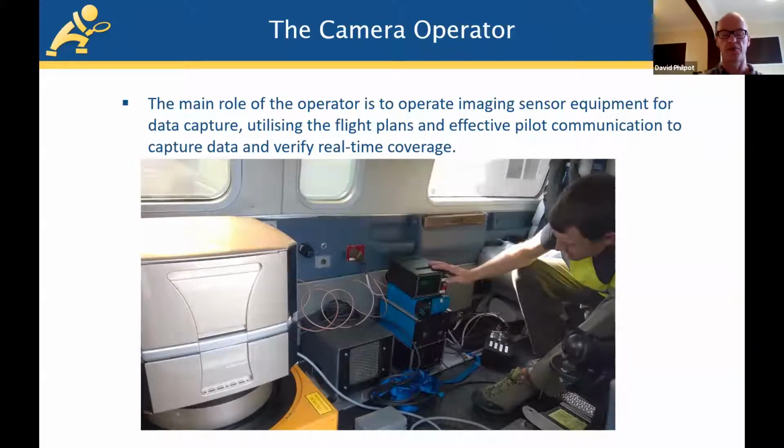Now, the pilot is responsible for all the communications with any local air traffic, but the camera operator will communicate to the pilot to make sure that the correct lines are being flown and also verify real-time coverage and log things like clouds and any other things on the data. So that gives you a sort of first indication, a quality check while you're up in the aircraft.